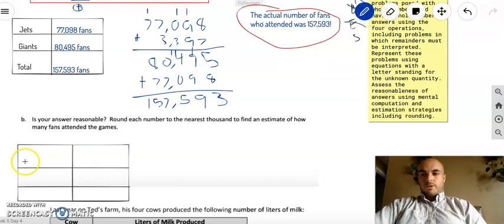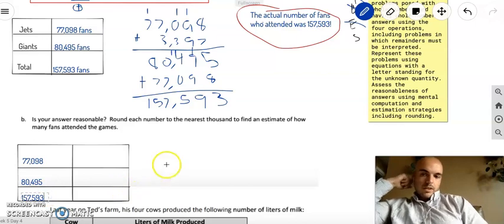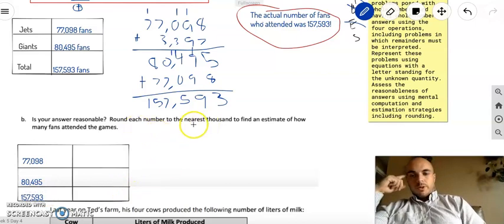So I'm going to put our 77,098 here in this chart, 80,495 in this chart, and then our total, which was 157,593. Okay, so we need to round each number to the nearest 1,000 to find an estimate of how many fans attended the games. So let's round these.